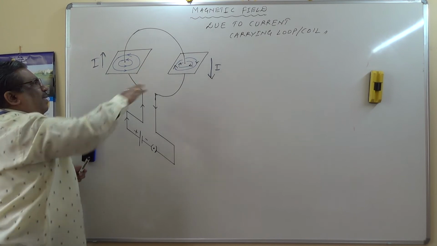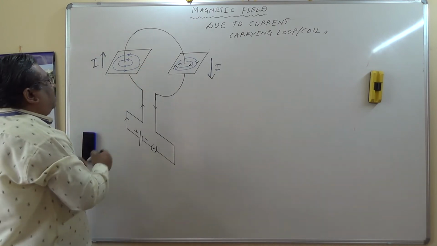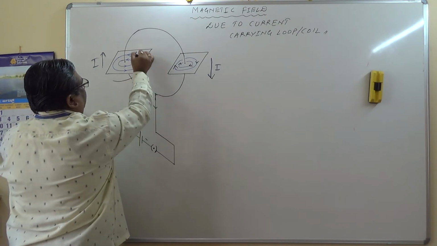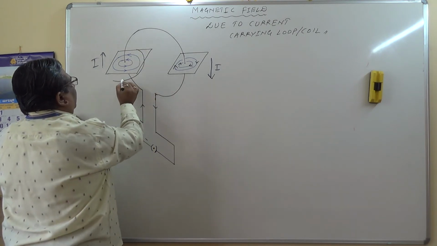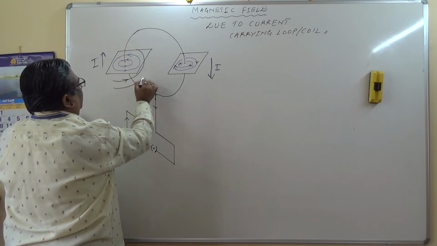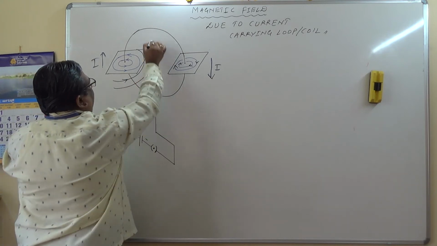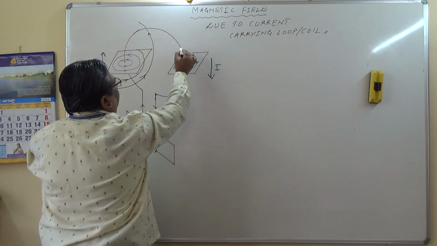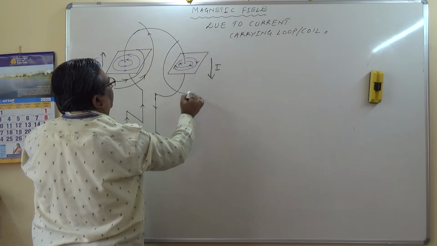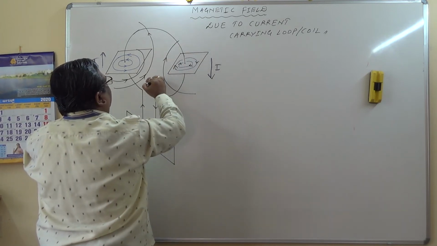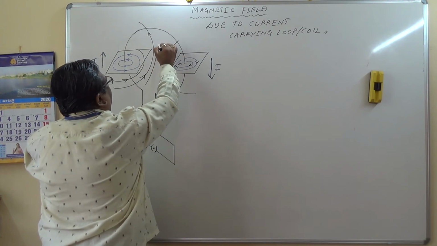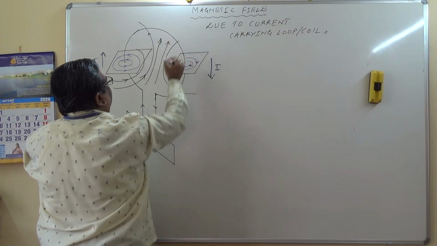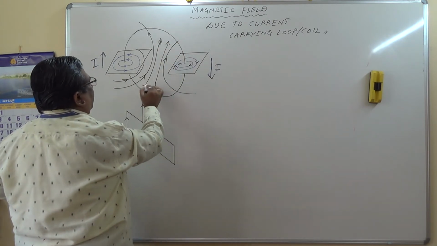So if you look at the magnetic field lines direction, this is how it is, something like this.